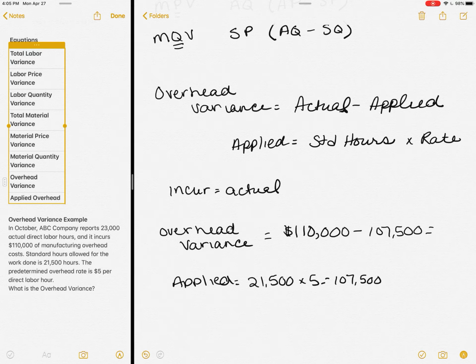The difference is going to be $2,500, and then our job is to figure out, is that favorable or unfavorable? Now, my standard is $107,500. What I actually paid is $110,000. So I paid more than I should have. Therefore, this would be unfavorable.